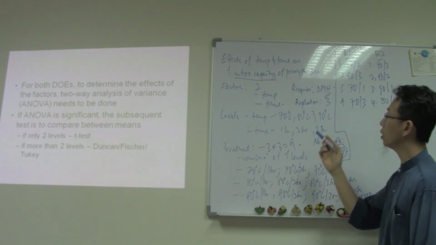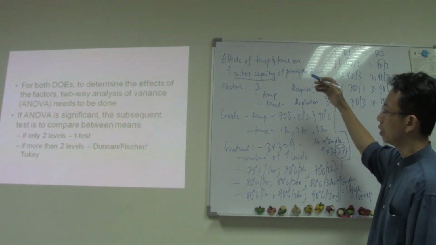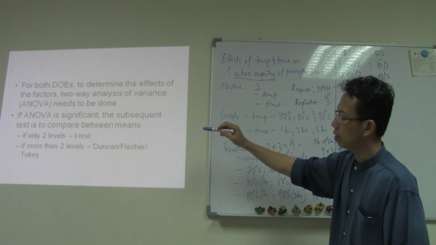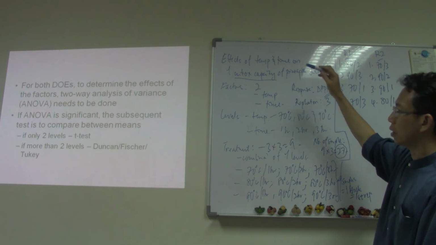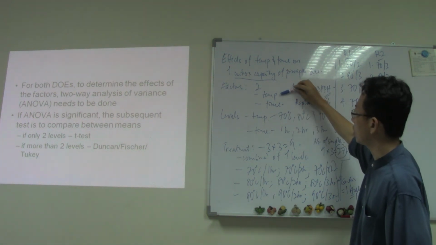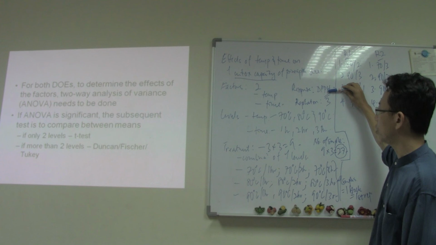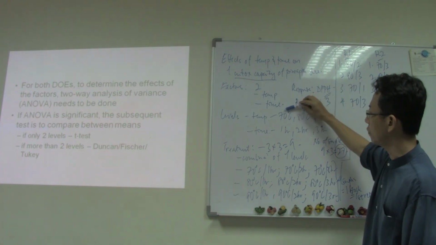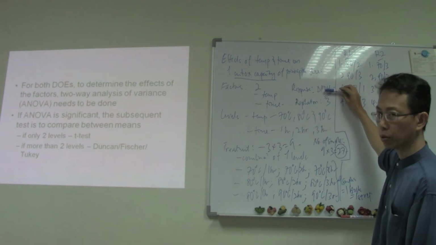For example, in this example, the two-way ANOVA will tell us objectively whether temperature has a significant effect on DPPH or not, and time has a significant effect on DPPH or not.